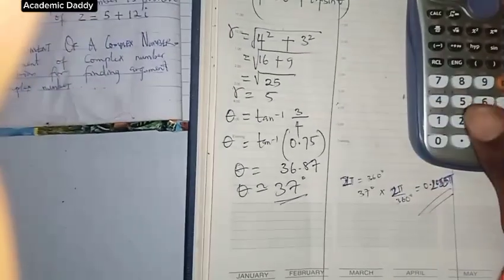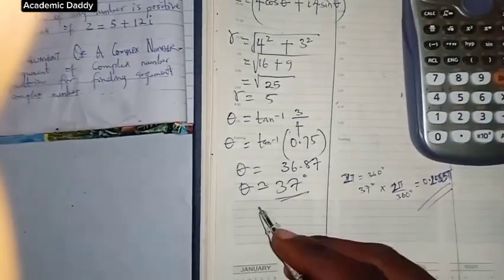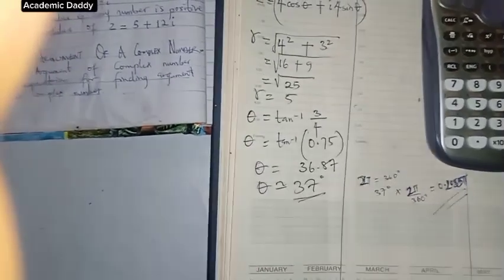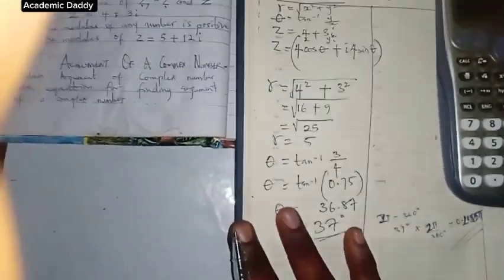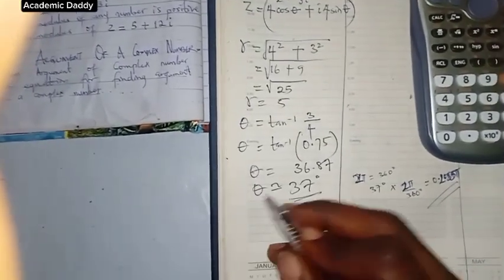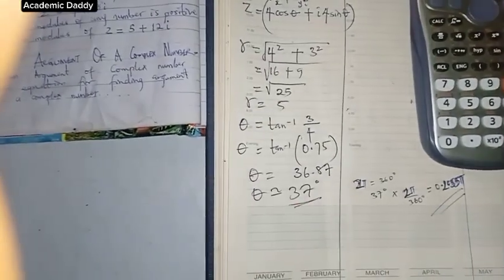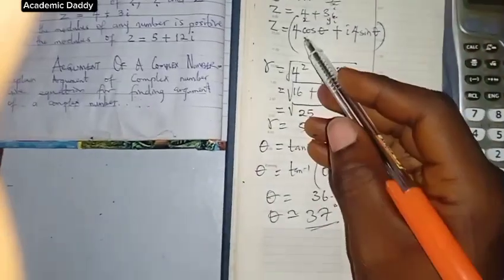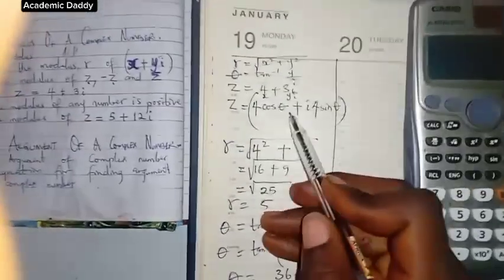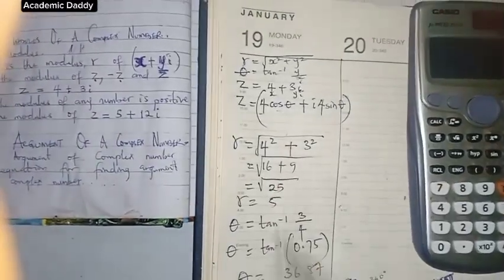Since it's in the first quadrant, theta is this. Then they asked me to represent this in polar form. I wrote 4 cos theta earlier, but that is not supposed to be 4 cos theta, because 4 and 3 are x and y.